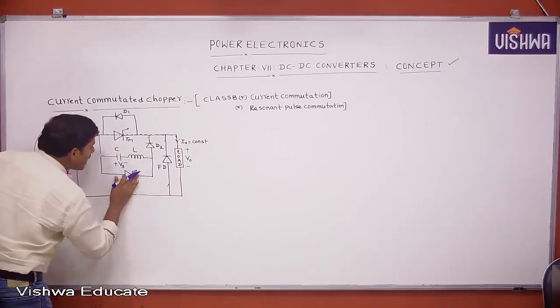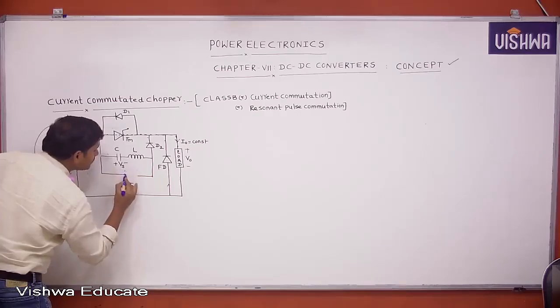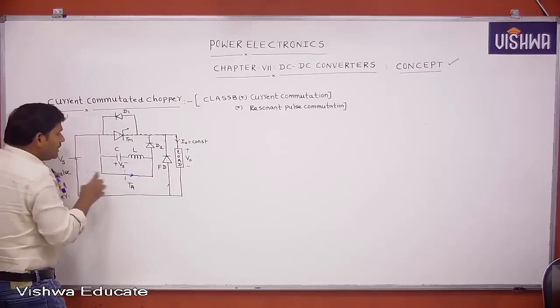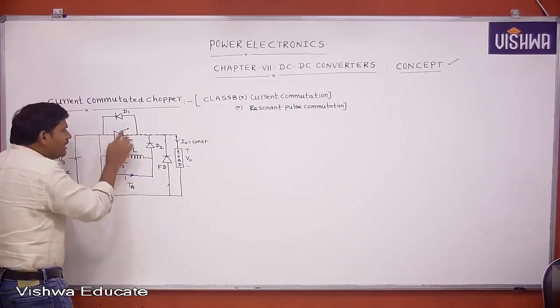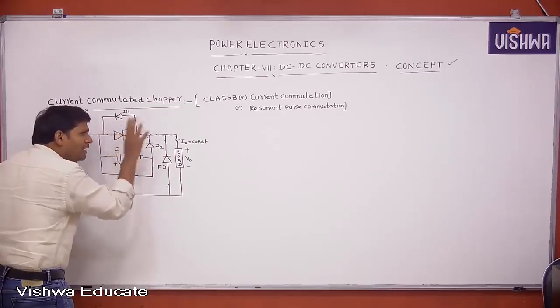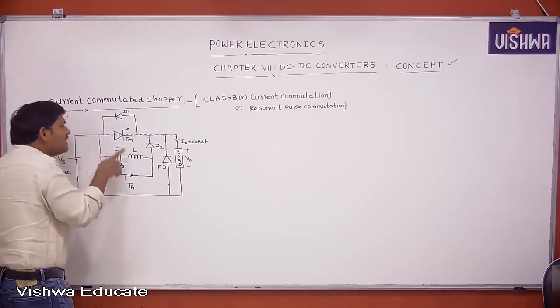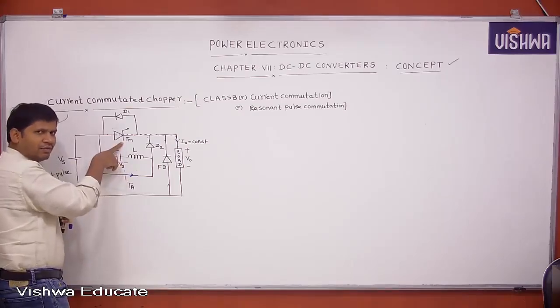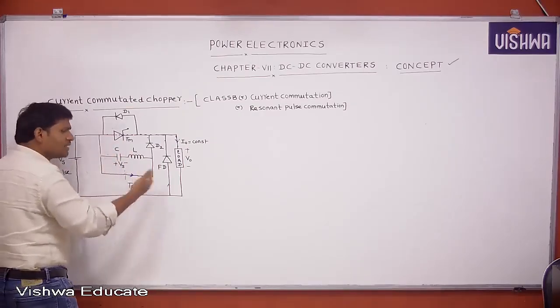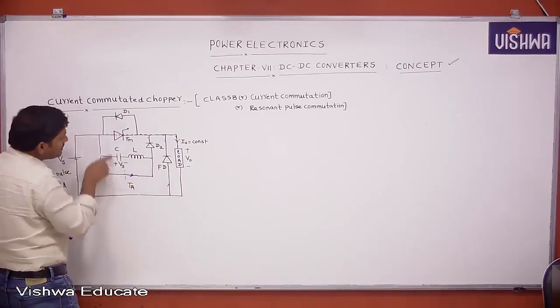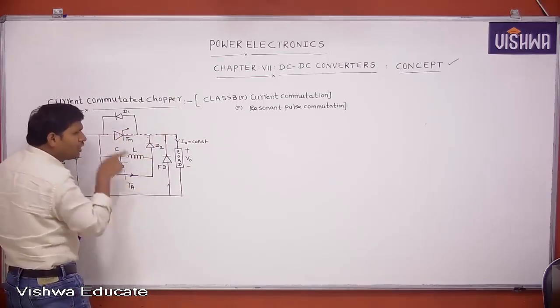Now whenever the auxiliary thyristor is triggered, listen please, the main thyristor will not turn off suddenly. Still it takes some time. Still it is supplying the constant current to the load.